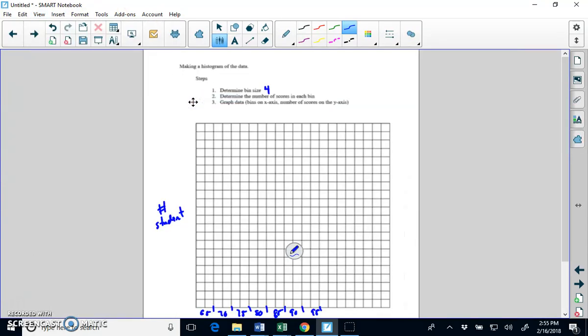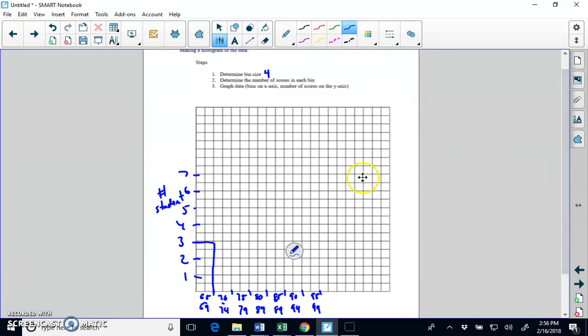I said there were 3, I believe. Yep. So I'm going to space this out a little bit like this: 1, 2, 3, 4, 5, 6, 7. I think that's enough. And there's 3, so I'm going to make a bar that's 3 in length. Let me scroll down a little bit so you can see the whole thing.